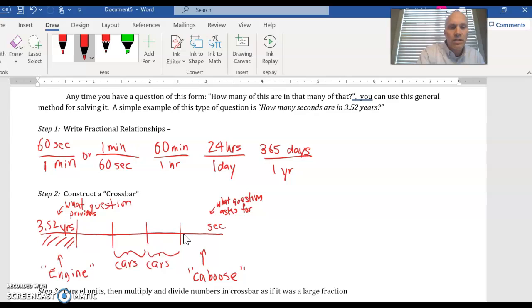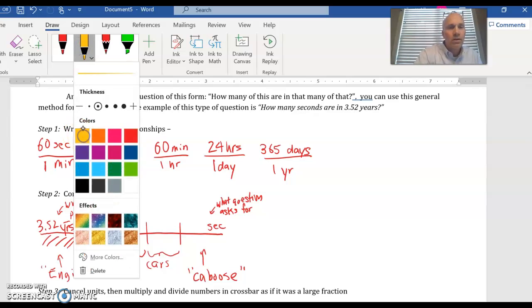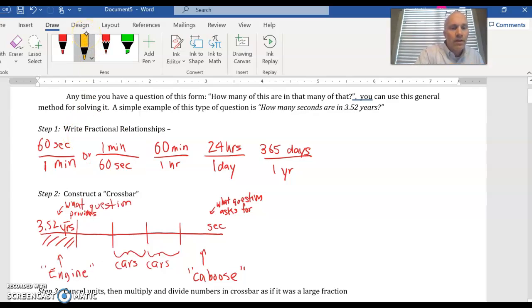The unit that is right here has to match diagonally with what is right here. And that's always going to be true. Whatever is here needs to match diagonally with what is here.